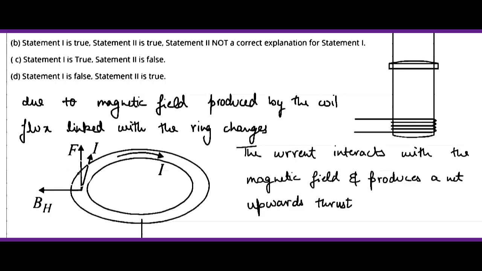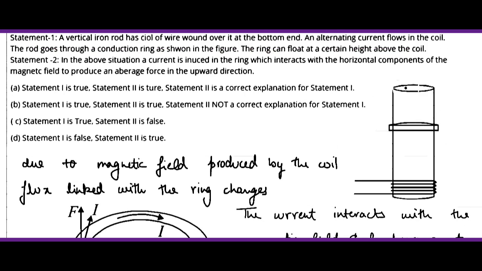We know the direction of this thrust will be upwards because Fleming's left-hand rule applies here. Therefore, from this explanation, we can say that statement 1 and statement 2 both are correct, and statement 2 is the correct explanation of statement 1. So the answer is option A.